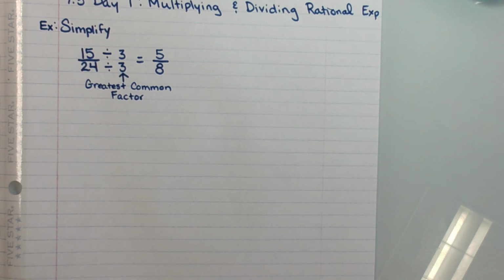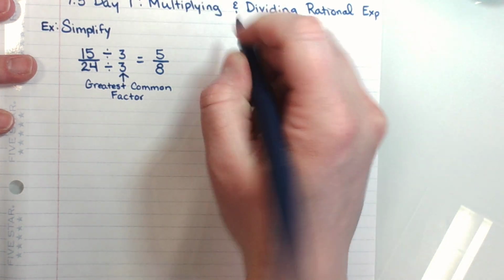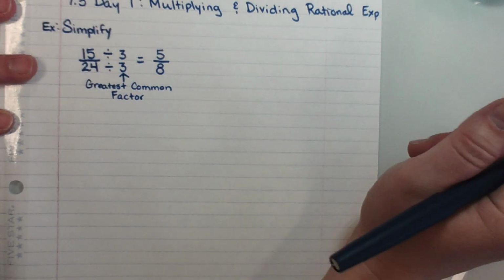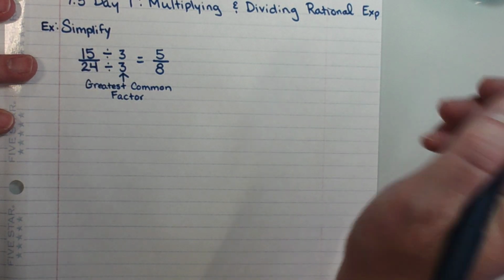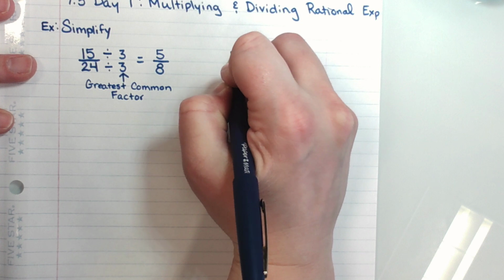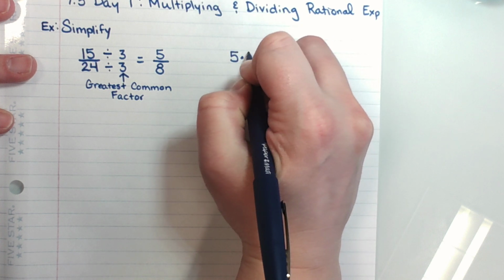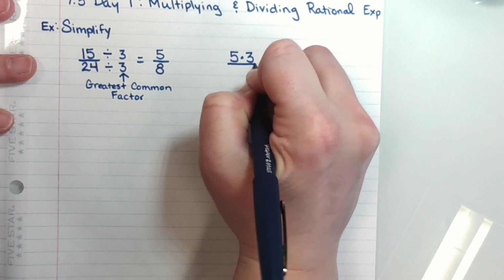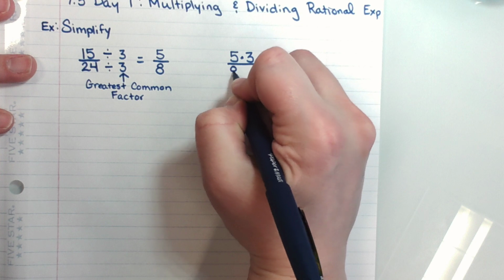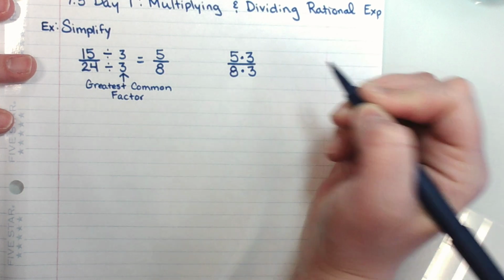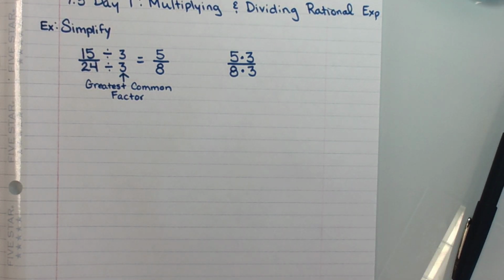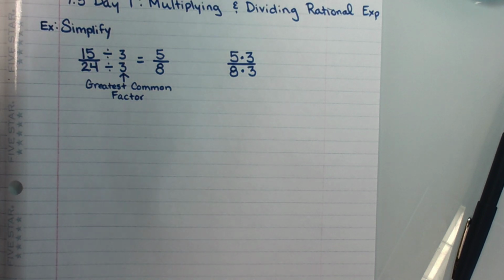But another way that we could do it is we could have looked at this as a factored form. We could have looked at 15 as 5 getting multiplied by 3, and 24 as 8 getting multiplied by 3, and then recognized that 3 over 3 is equal to what? 1.